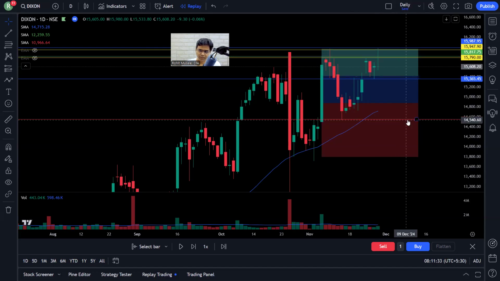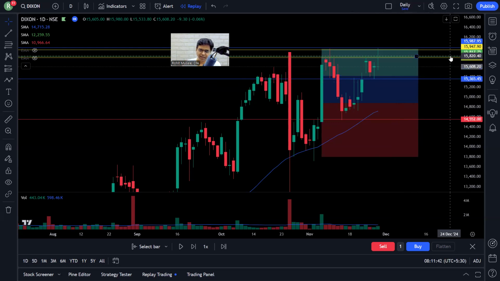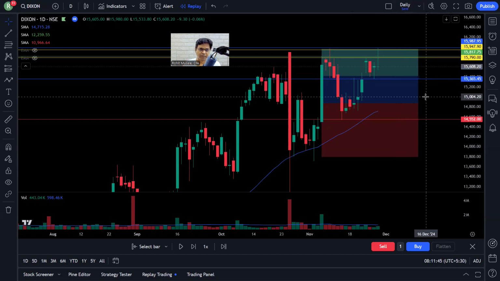What is this horizontal red line? Well, once I draw the green line, I have a basic non-negotiable rule. Once I get my average execution price from my broker, the first thing I will do is put an 8% stop loss. So this number, the red line, is nothing but 92% of the green line.